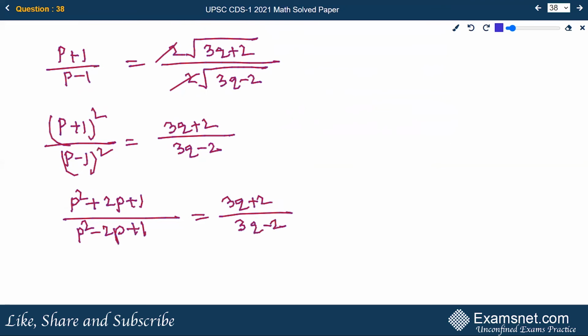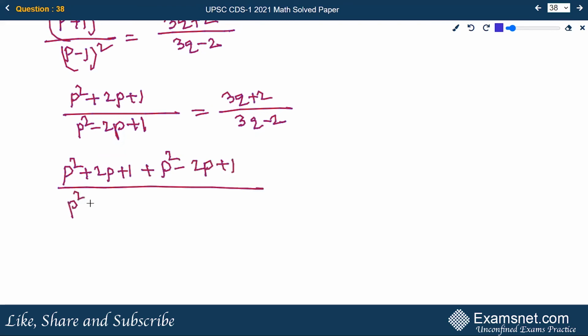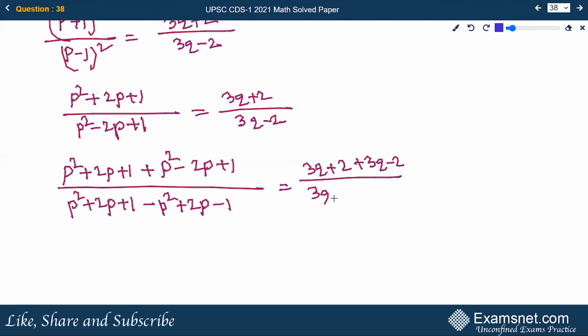Now again, if I introduce componendo dividendo here, I will write like this way: P square plus 2P plus 1 plus P square minus 2P plus 1 by P square plus 2P plus 1 minus P square plus 2P minus 1. Here also 3Q plus 2 plus 3Q minus 2 by 3Q plus 2 minus 3Q plus 2, by componendo and dividendo.